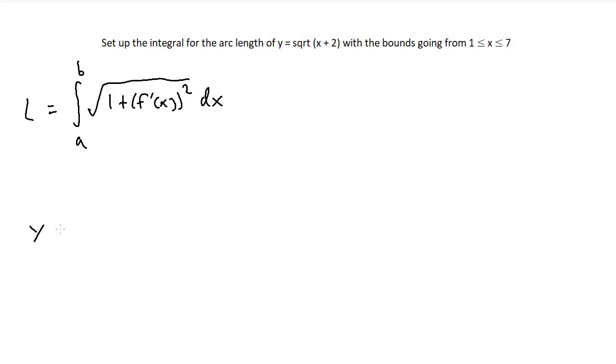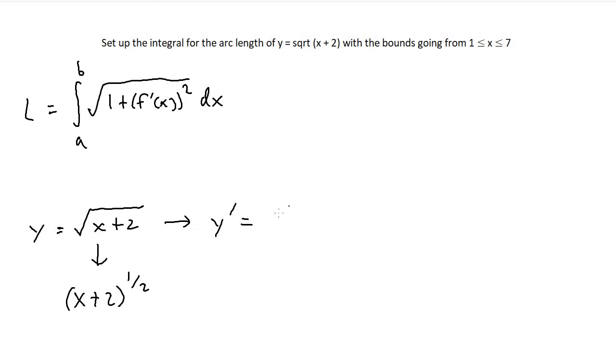So I'll write y equals the square root of x plus 2. So y prime, or the derivative of the square root of x plus 2. If I rewrite it as x plus 2 to the 1/2 power, now I can use the chain rule.